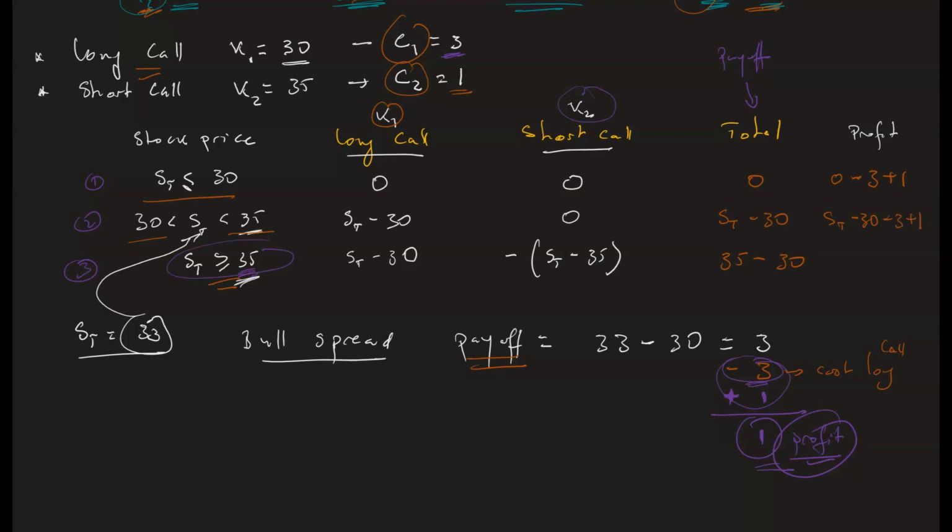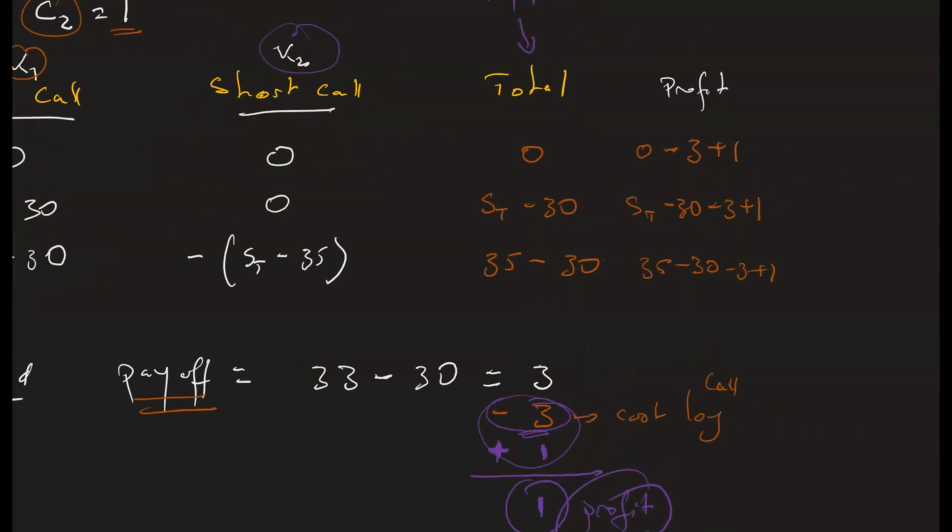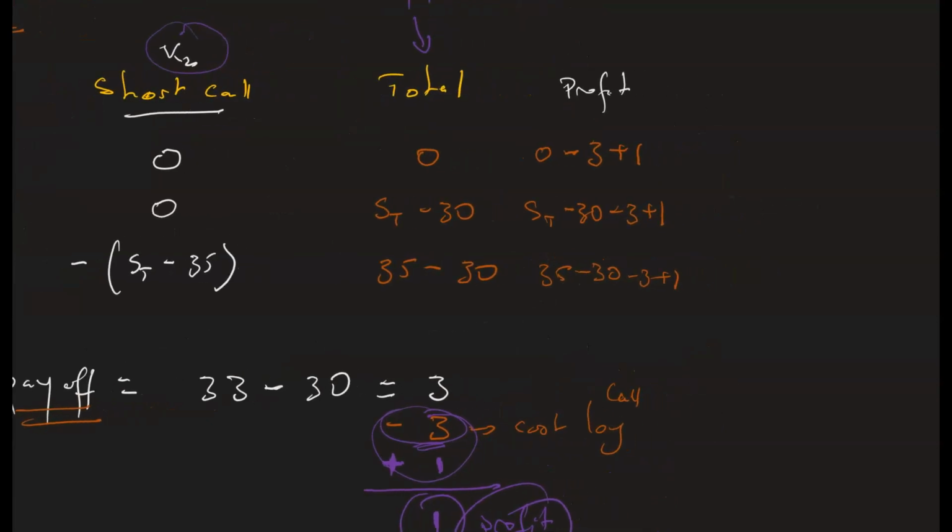And here we're going to have 35 minus 30 plus minus 3 plus 1. And what this is essentially is the following. This is going to be equal to minus 2. This is going to be equal to 32.